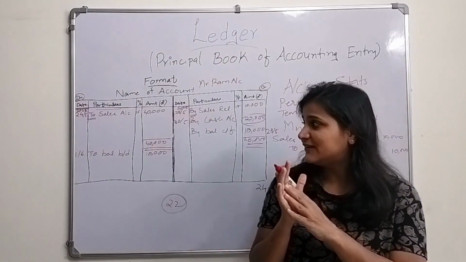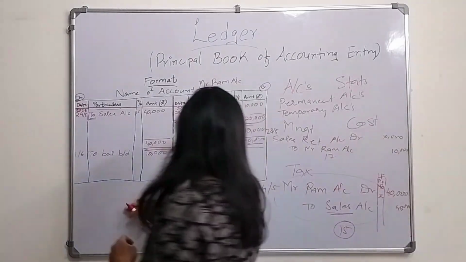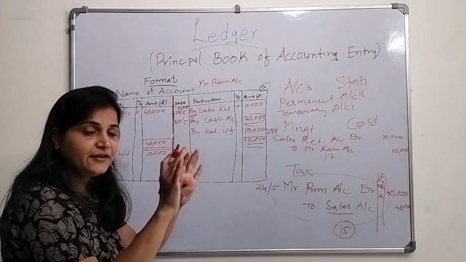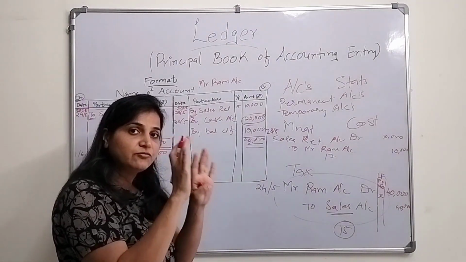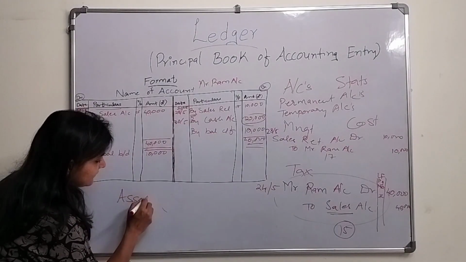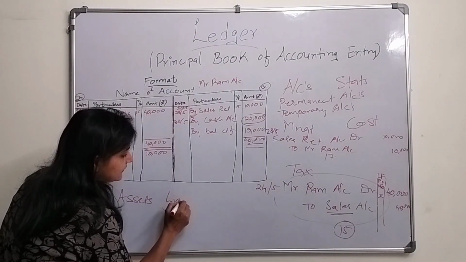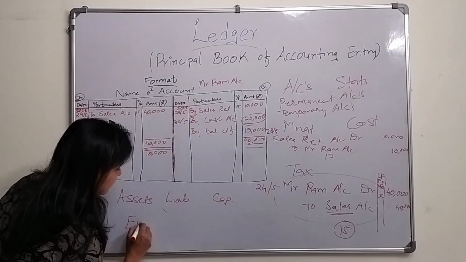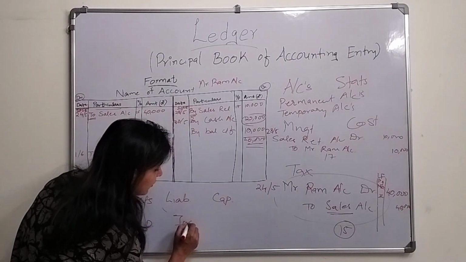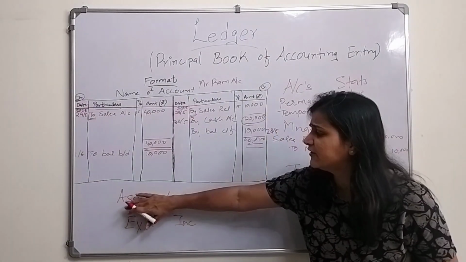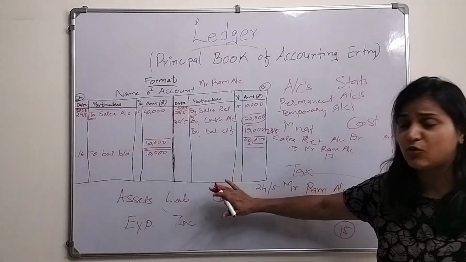All the transactions will be related to five categories only. It will either be assets, liabilities, capital, expenses, or income. Whatever transactions are happening in the business will relate to these five categories only.